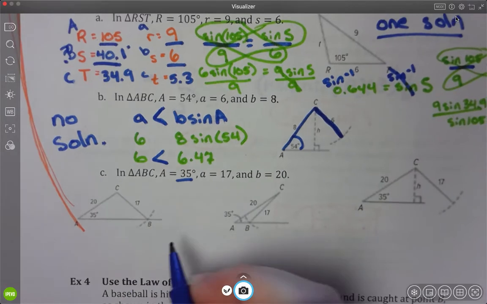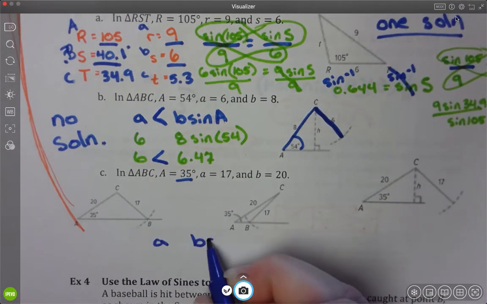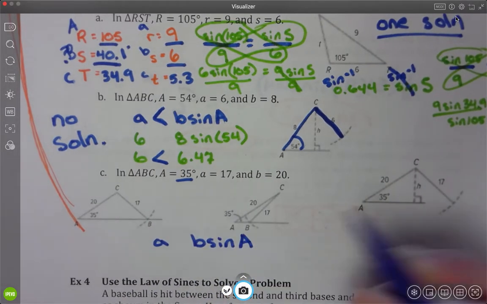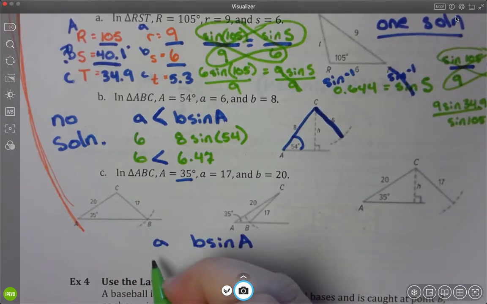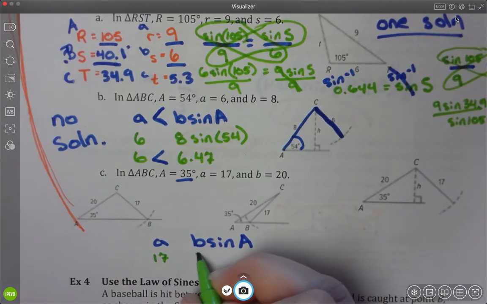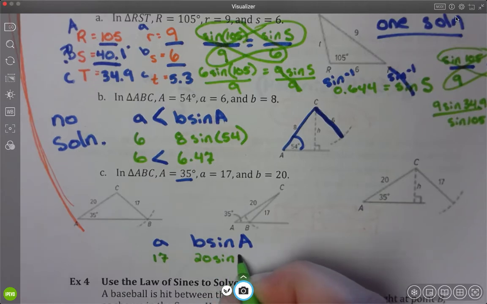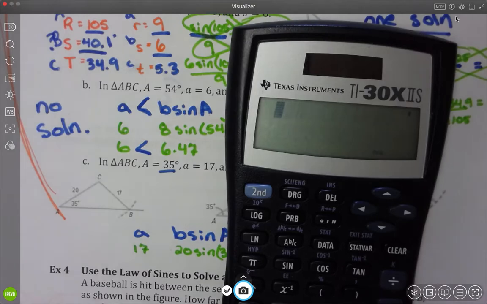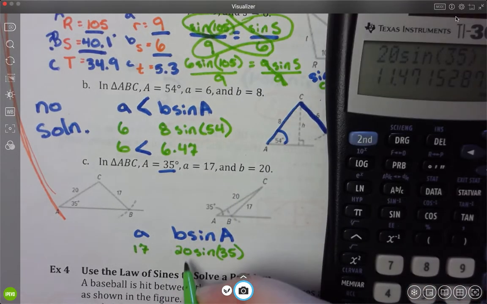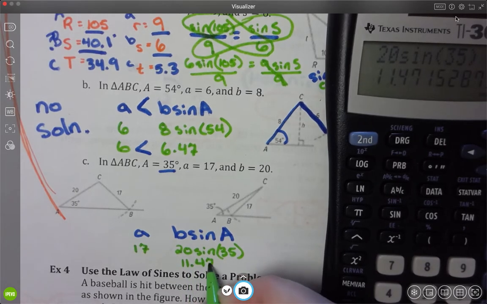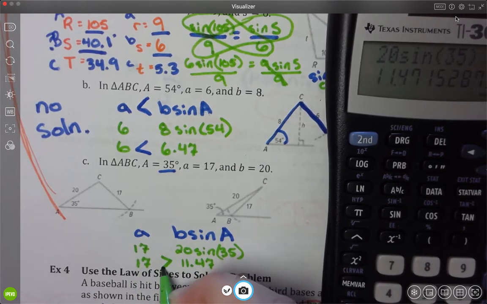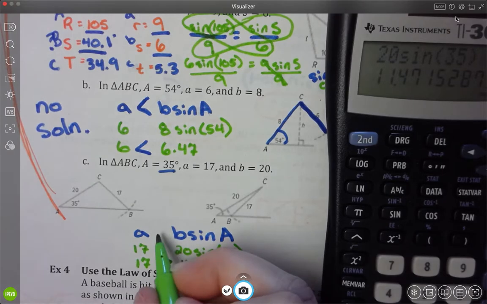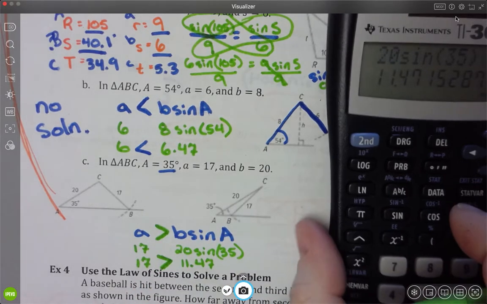And what I want to do is compare a and B times sine of A. So lowercase a is 17, B is 20, sine of 35. Let's calculate 20 times sine of 35, and that is 11.47, and 17 is greater than 11.47. So we have a is greater than B times sine of A.